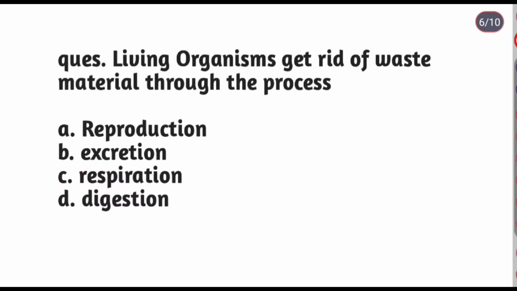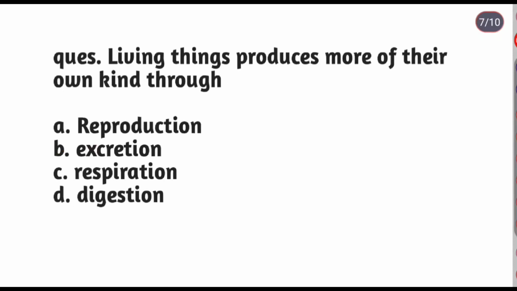Living organisms get rid of waste material through the process. Excretion. Living things produce more of their own kind through reproduction.